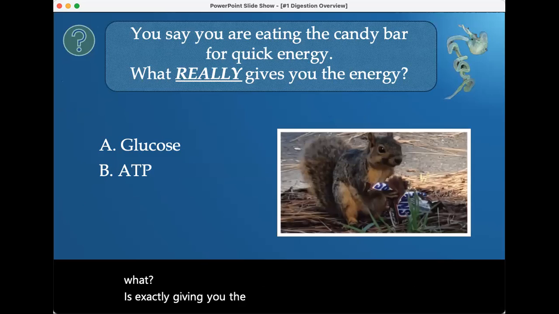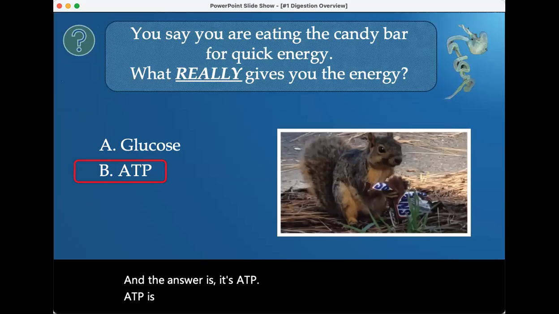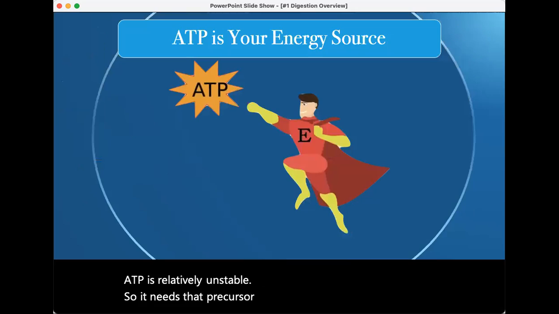Is it glucose or is it ATP? And the answer is it's ATP. ATP is a relatively unstable compound, so it needs that precursor glucose. So ATP is actually your energy source.